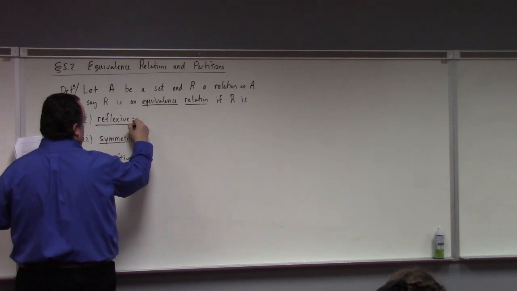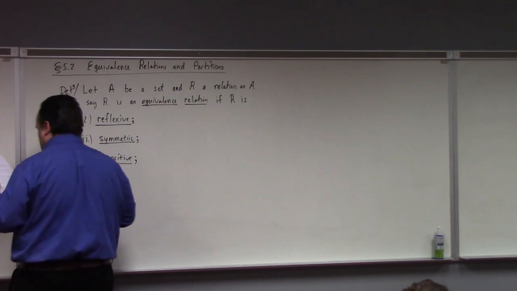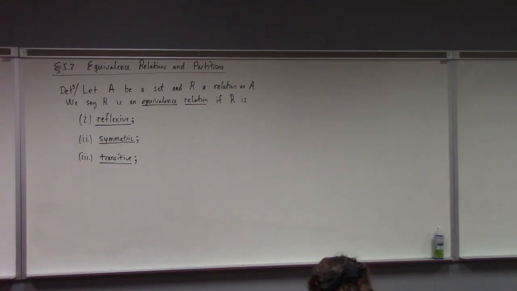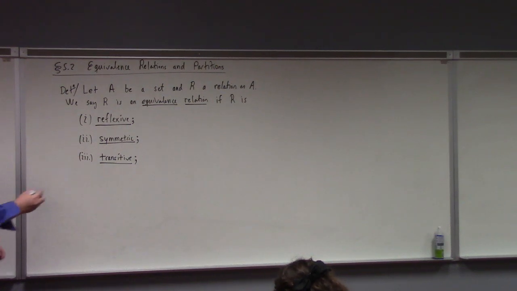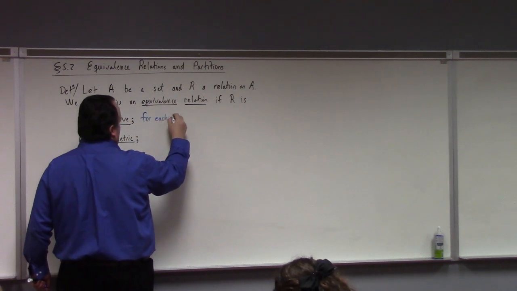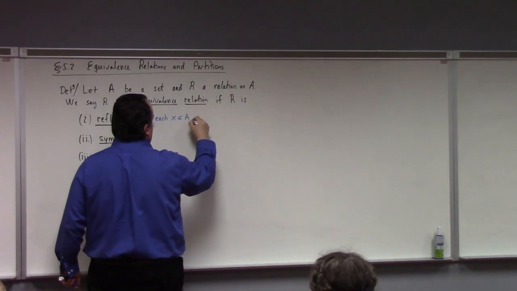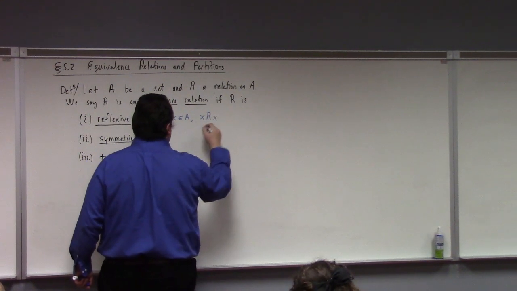All right, so I should explain what those words mean in this context. Reflexive means that for each x in A, x is related to x.